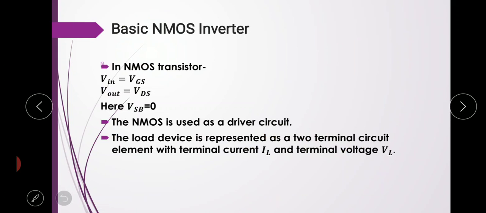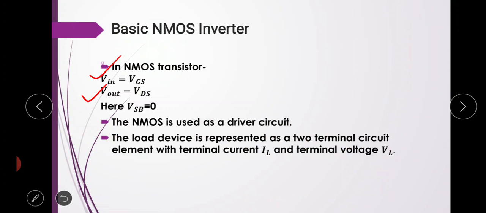Next is the basic NMOS inverter. The input voltage of the inverter circuit is the gate to source voltage of the NMOS transistor, Vin equal to VGS, while the output voltage of the circuit is equal to the drain to source voltage, that is Vout equal to VDS.